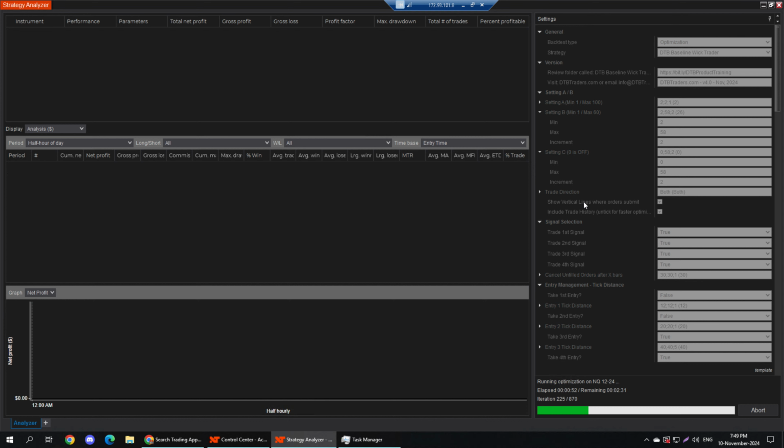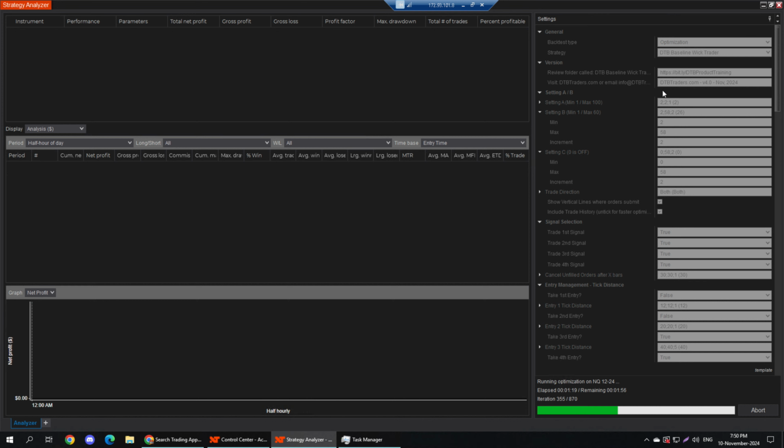Now, the Modena Wick trader strategy, which we covered a little bit earlier, is not compatible with the analyzer, and that's because it enters multiple entries within the same candle, and it has a lot of exits and entries on the same candle, and it works on each tick. So it can't work within the strategy analyzer framework because of the way that strategies process data.